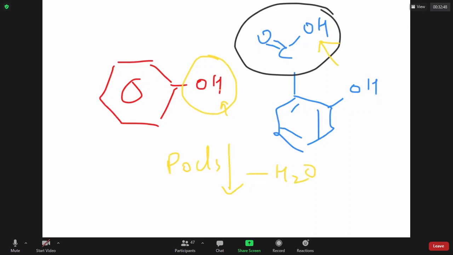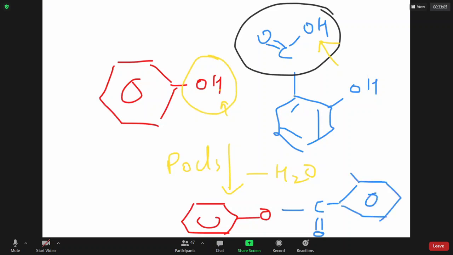Therefore, if you remove this H on the benzene, you are left with O. And if you are removing OH here, you have CO. Here there is OH. This type of compound is called salol.